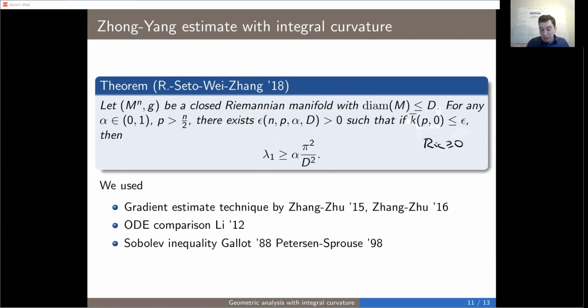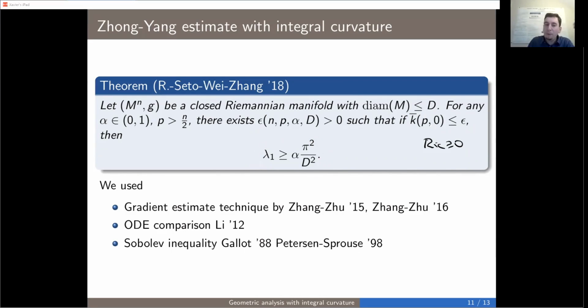So let me just mention that the reason that it took some time to prove something like this is because the original proof of Li and Yau for this kind of eigenvalue estimates relies very strongly on a pointwise lower bound on the Ricci curvature.